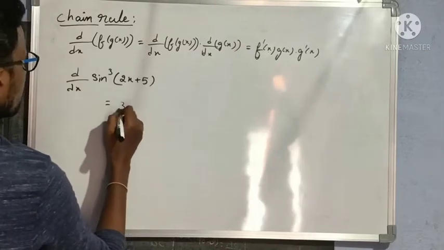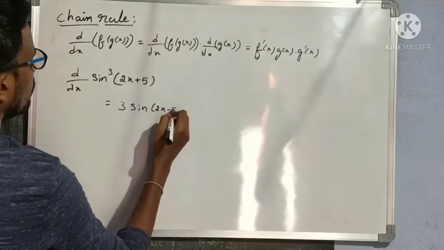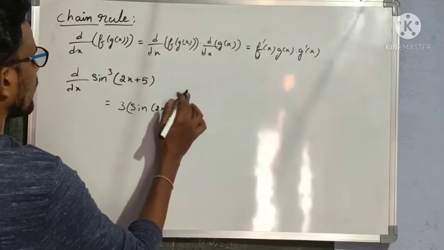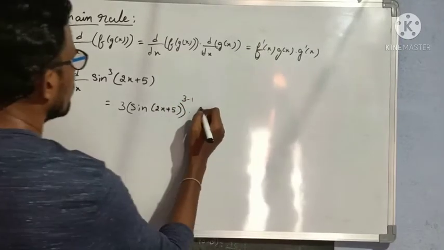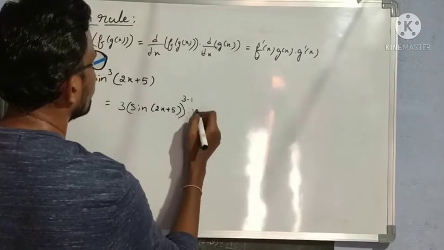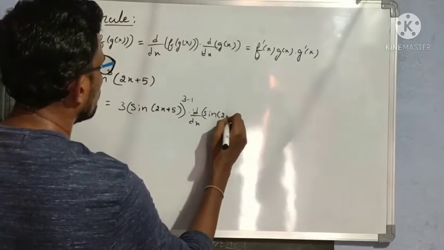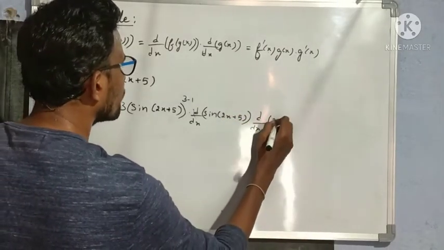So that one only I am writing: 3 into sine 2x plus 5 whole power 3 minus 1 into again d by dx of sine of 2x plus 5, again into d by dx of 2x plus 5.